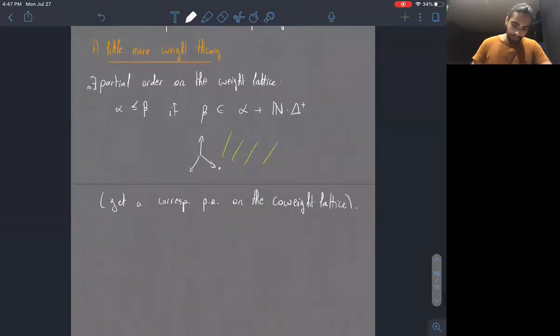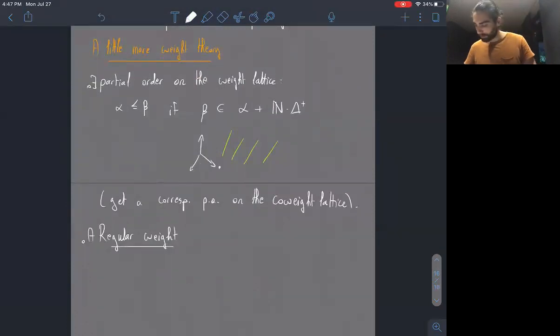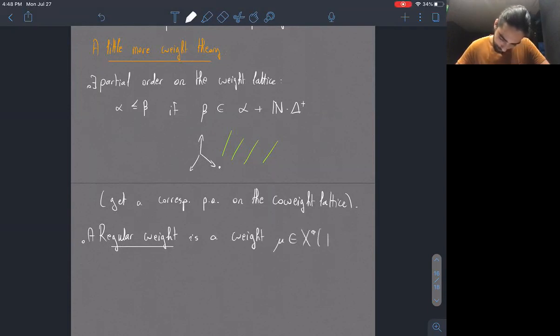Right. And the second thing I want to briefly mention is regular weights. So a regular weight will be one such that if I evaluate it on every simple root, if I evaluate the co-root associated to it, I get something non-zero.